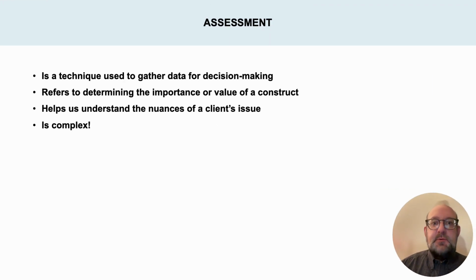When we think of the term assessment, it is often defined as the process of gathering information about a client. We can easily gain information from many different sides. We can take a look at what the client reports as problem, issue, challenge.